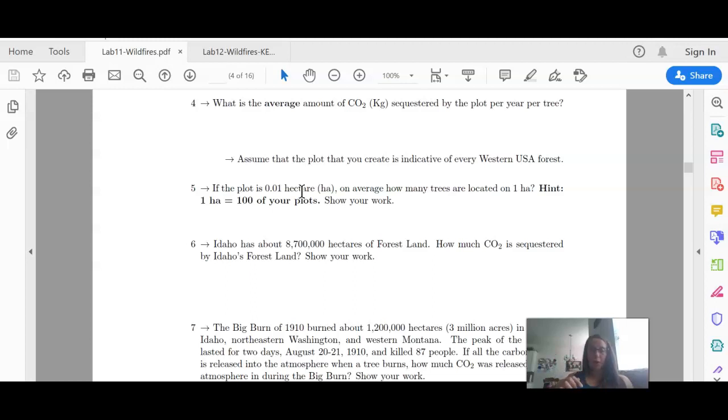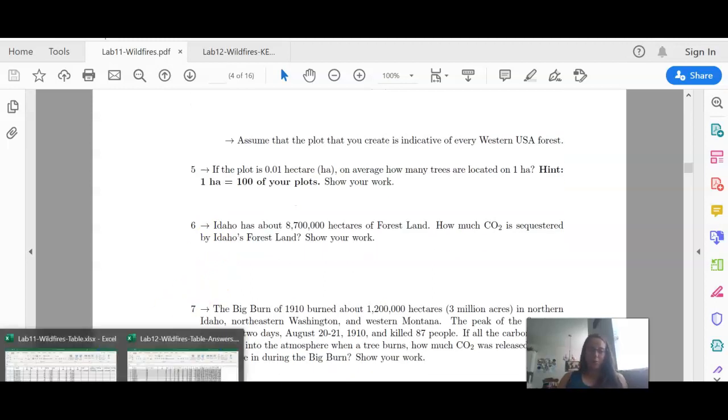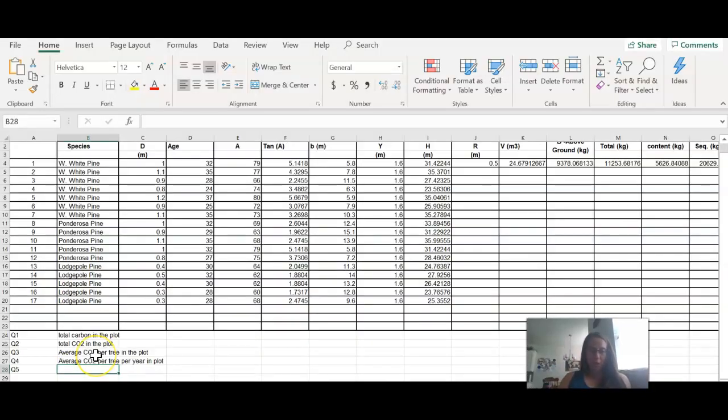Remember that you have 17 trees in your 0.01 hectare, and there are 100 of your plots in 1 hectare. So if you have 17 trees in 100th of a hectare, how many trees will there be in 1 whole hectare? I'll let you think about that one. That one's fairly straightforward. So I'll say trees in a hectare.